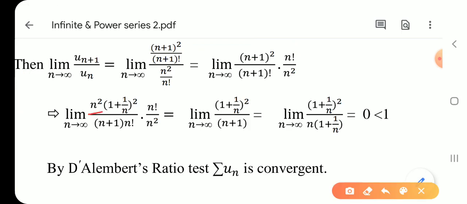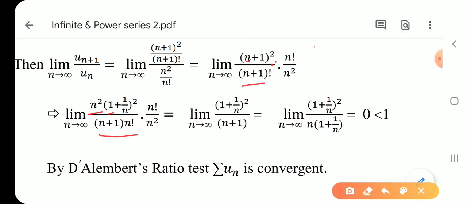I will take n square common outside. Since n is there, n square I have taken out. So the first term becomes 1. Here 1 is there. It becomes 1 by n. Whole square is outside. Divided by n plus 1 can be written as n plus 1 into n factorial.